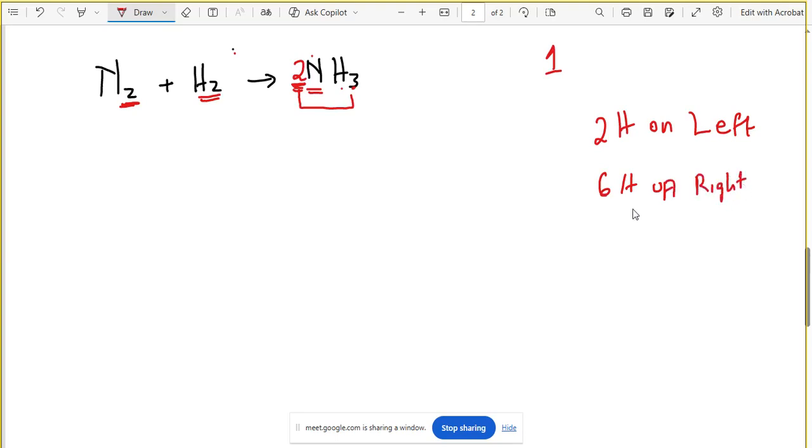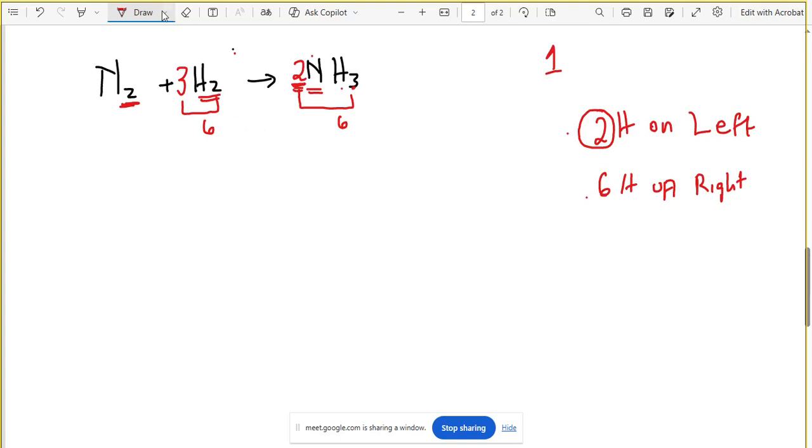So to balance this equation, we can multiply this 2 by what? By 3 to get 6. So I'm going to put 3 here, because 3 times 2 gives me 6, and this gives me 6. Then the equation is balanced. You understand?